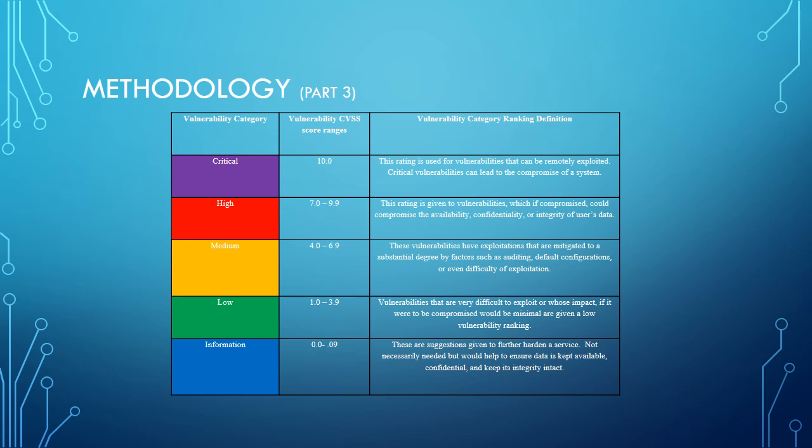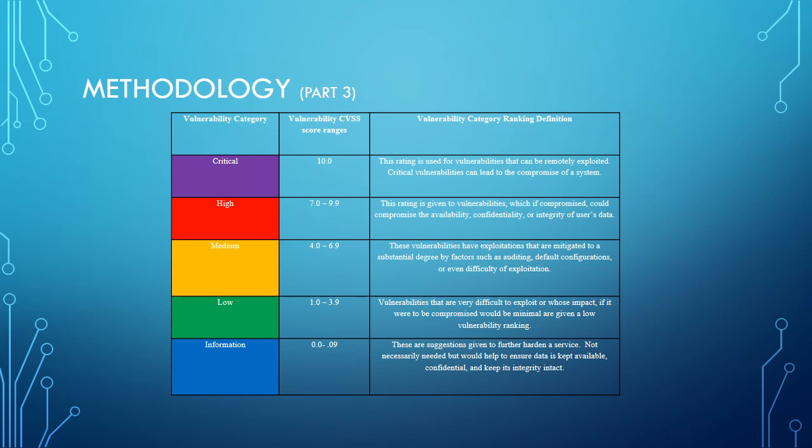A medium vulnerability, which is where the majority of my vulnerabilities are, with the rest of them being low, are vulnerabilities whose exploitation is mitigated to substantial degrees by factors such as auditing, default configurations, or even the difficulty of exploitation, meaning they can be reduced by turning on audit trails to see who does what, changing the default configurations, or that these exploits are hard to do.